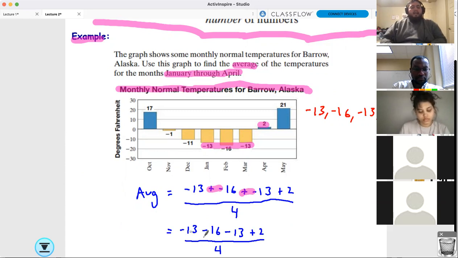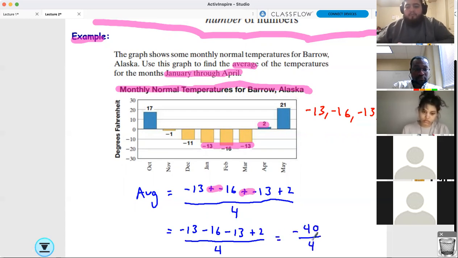So now let's add and subtract on the top. We owe 13 because it's -13. We spent 16, so we owe 29. We spend another 13, so we owe 42. We owe 42, but we put 2 in our account, so we get -40 over 4.